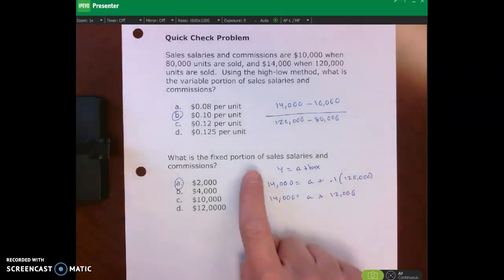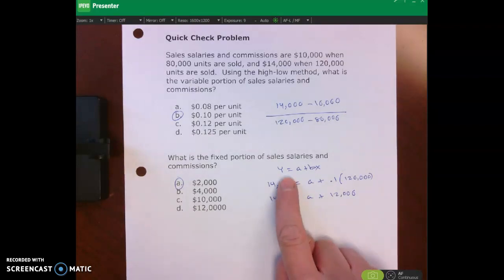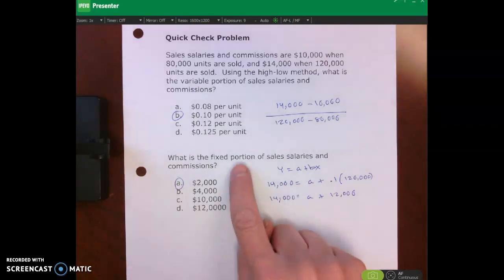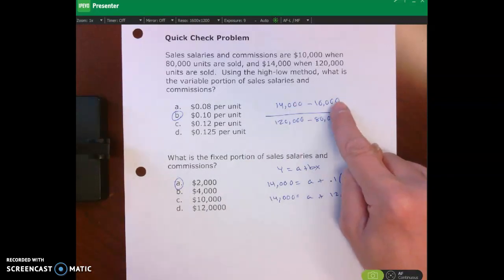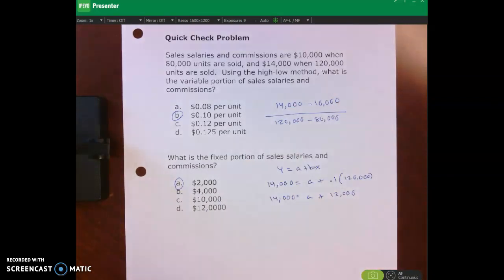Now, when we're trying to find the fixed portion, we can set it up with our y equals a plus bx. And so what we do is we either choose the high point or the low point in terms of total cost. In this case, I chose the high point. Doesn't matter if you would have chosen 10,000, you would have still gotten the same answer.